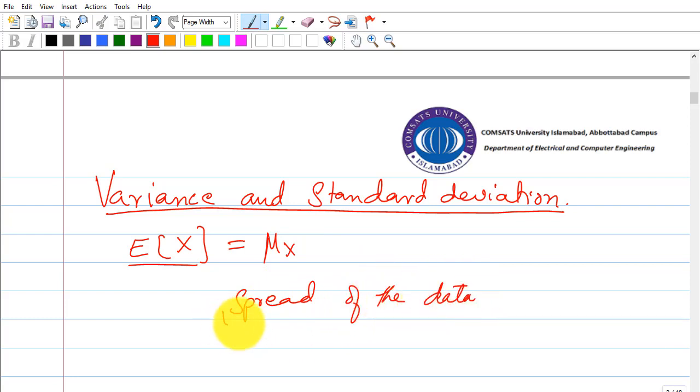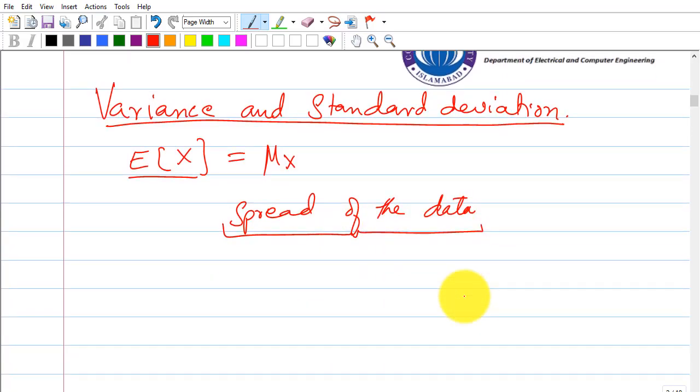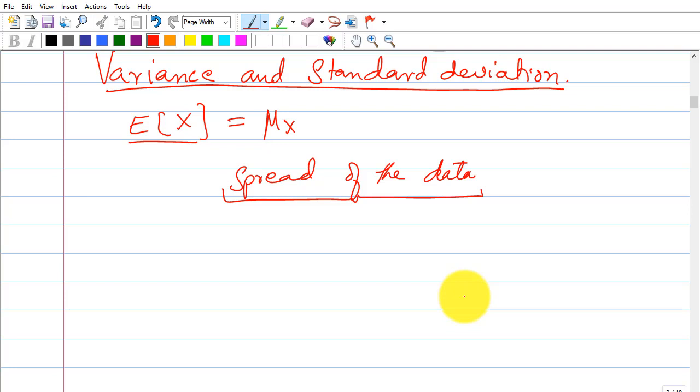That spread gives me a good picture of how this mean is related to the data. Some of the data points we are looking at, if they are closer to the mean, what does it mean, or if they are further from the mean, what does it mean. So for that we have to look a bit further, and that further is the spread of the data.